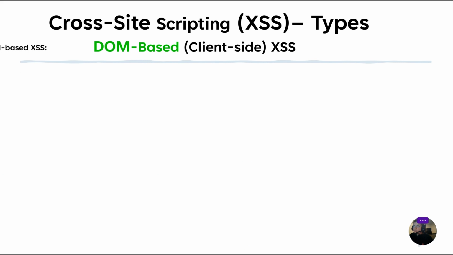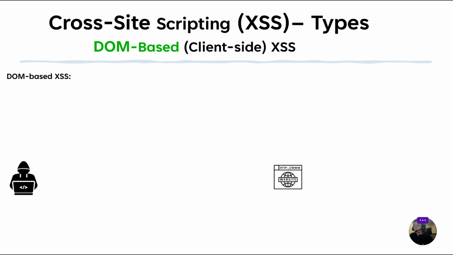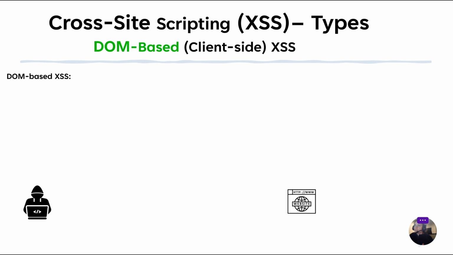And now let's see what DOM-based cross-site scripting actually is, by knowing the important functions of the DOM, the source and the sink. So we have the attacker. The attacker injects a payload. This is the payload: alert(1), to show the alert box.